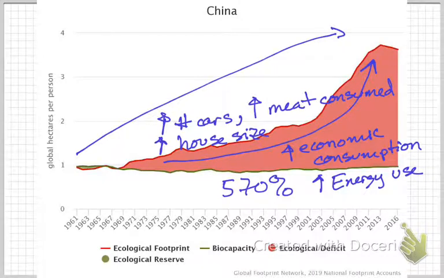Now, keep in mind, none of this is required. As a population goes through the demographic transition, there's nothing that says you have to increase the number of cars on the road, you have to increase your house size, you have to move up the food chain, you have to buy more stuff, and you have to use more energy. But it tends to be the case. It tends to be the trend that has happened in many countries going through the demographic transition.